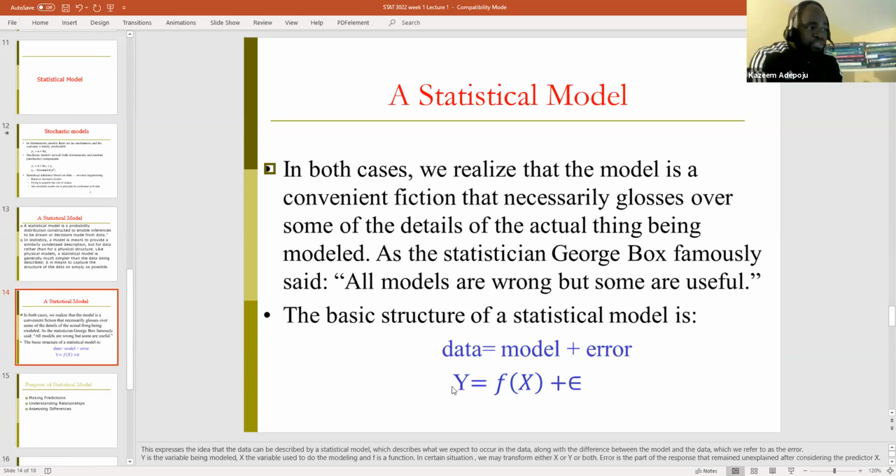For instance, y is sales and x is advertising. If I'm looking at the effect of advertising on sales, there are other factors that may have an effect on sales, but their effect is negligible or very small, and that is the reason why they don't appear in the model. We're going to refer to that as a set of unexplained variation.